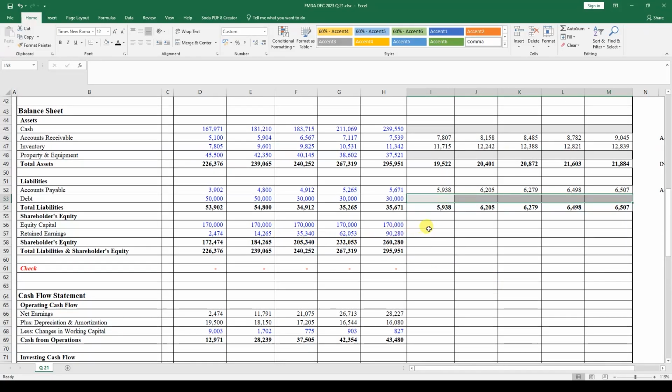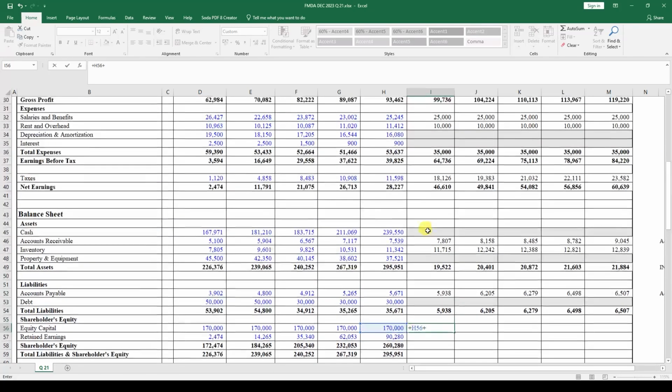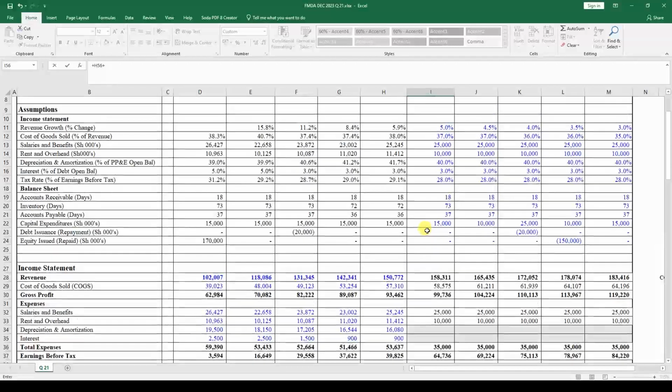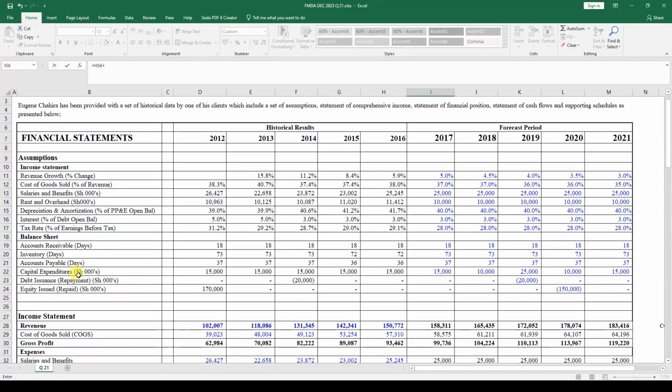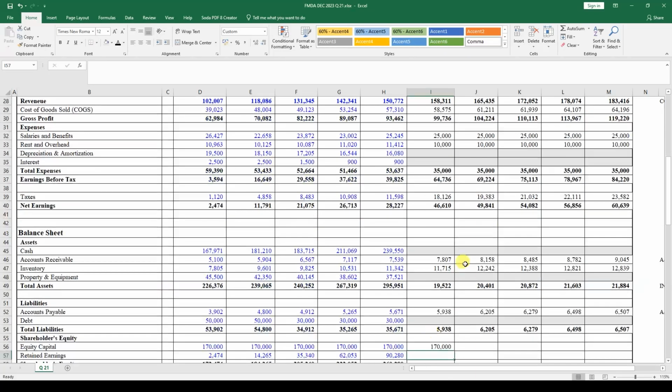In terms of the equity capital, we are going to link it. So we're going to drive it from the previous equity capital, then we add any new issuance and repayment of equity. So we come back up over here to the assumption section. Was there any issuance and repayment of equity from 2017? There is, what we link it with over here. And we enter.